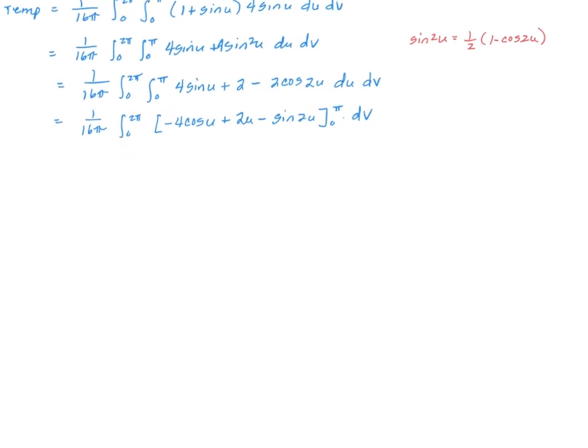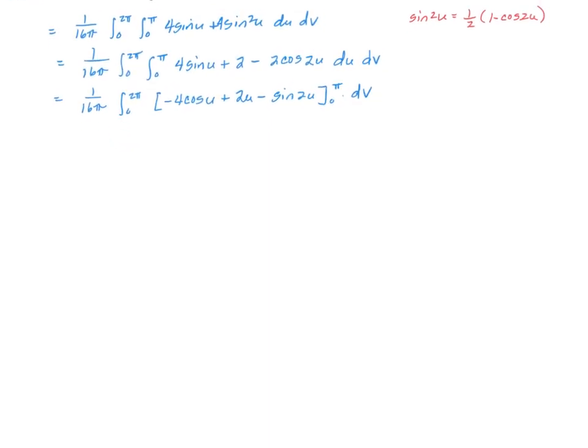Let's see, so at pi, it's going to be a positive 4 plus 2 pi. And then that's a 0 minus a negative 4.